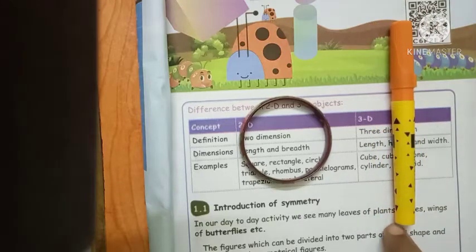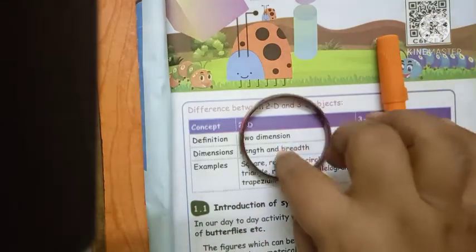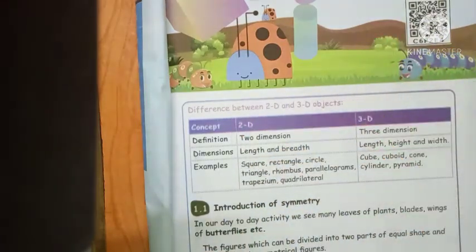Cylinder shape. So this cylinder has length, height, and this one is the width. Then rotating all the sides is called width. Length, height, width. You already studied 3D shapes.